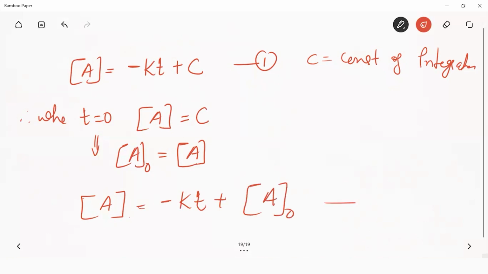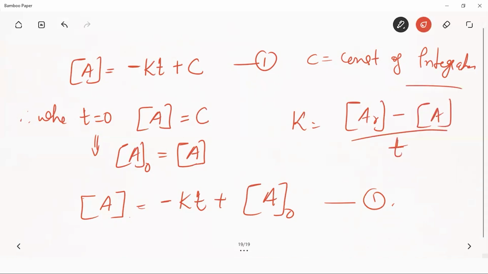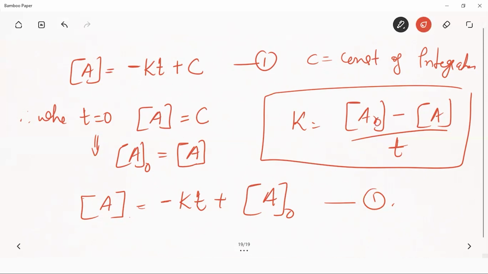So this is the equation. What is k then? k is equal to ([A]0 minus [A]) over t. This is the final equation for the zero order reaction, right? Constant k is equal to initial minus final, by t. Hope you get it. Understand how it is coming?